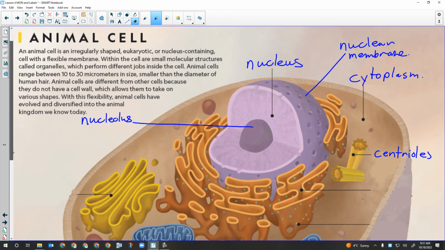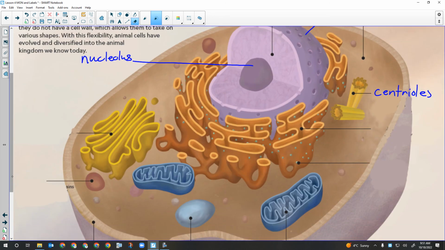All right. Orange stuff with the bumps? Rough ER. You can just label it rough ER even on a test, I won't be looking for endoplasmic reticulum. The little bumps? Ribosomes.